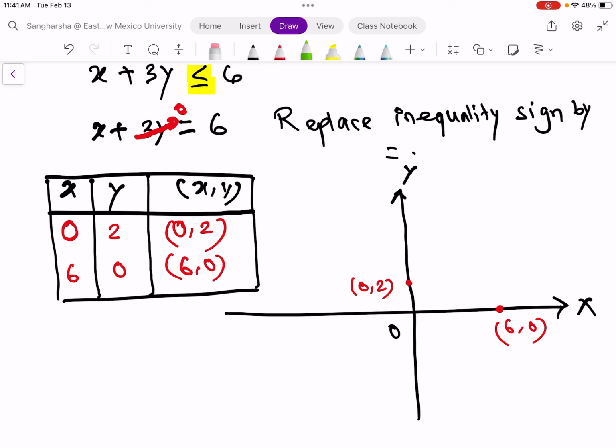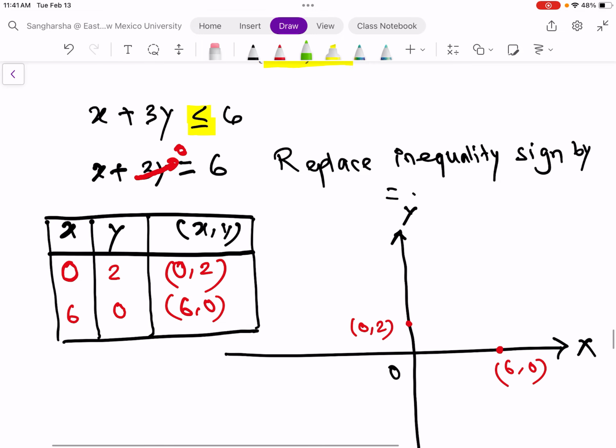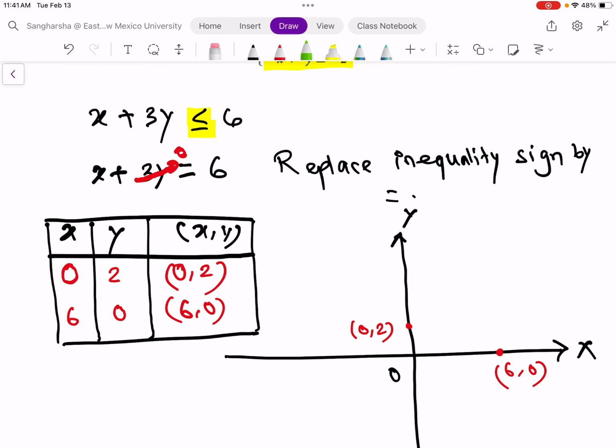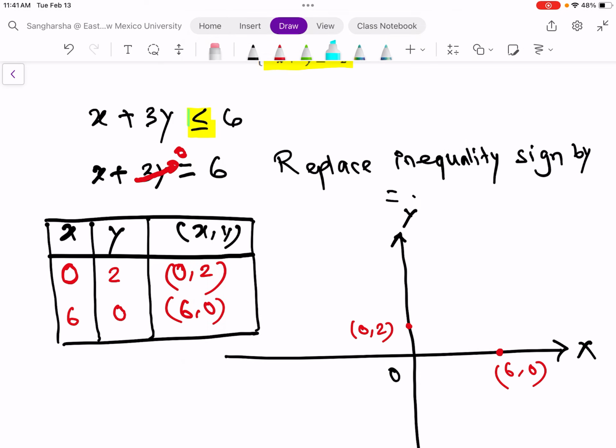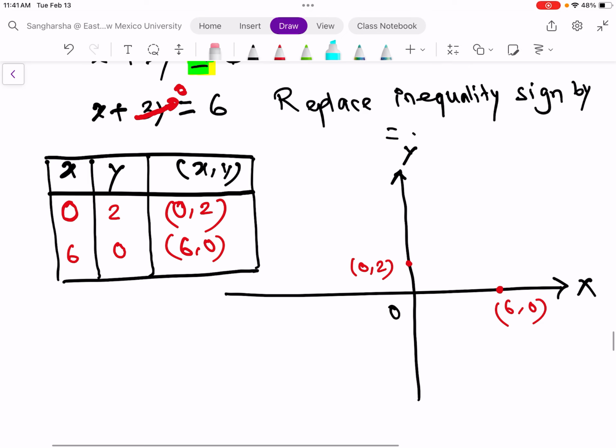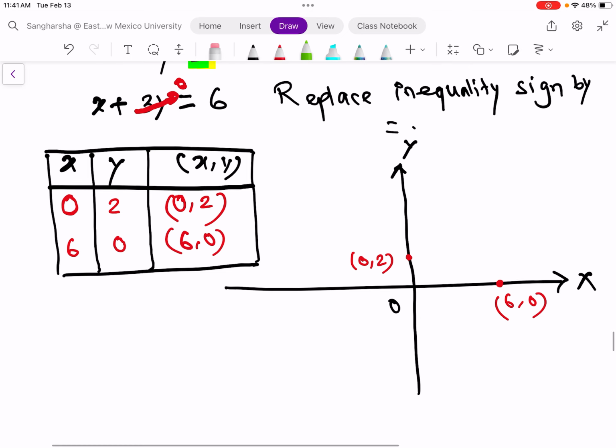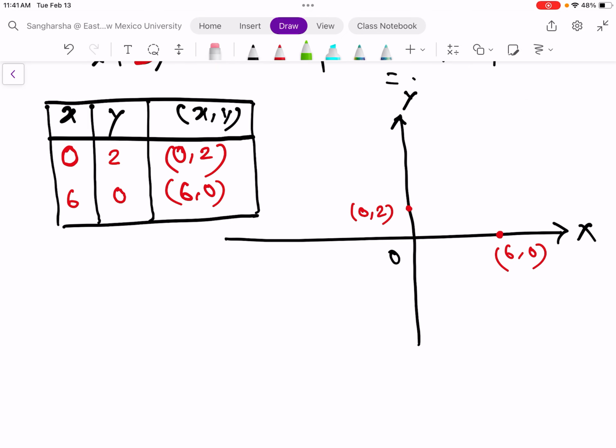Now, if we go back, in our inequality, do we have an equals to sign? So here our inequality is less than or equals to, right? So we have equals to. Now here is the hint. If you have less than or equals to, or greater than or equals to, you're going to use a solid line to connect the 2 points.